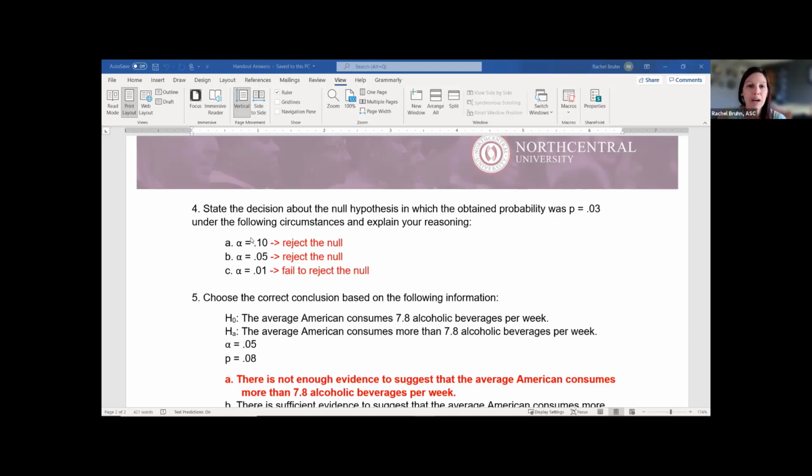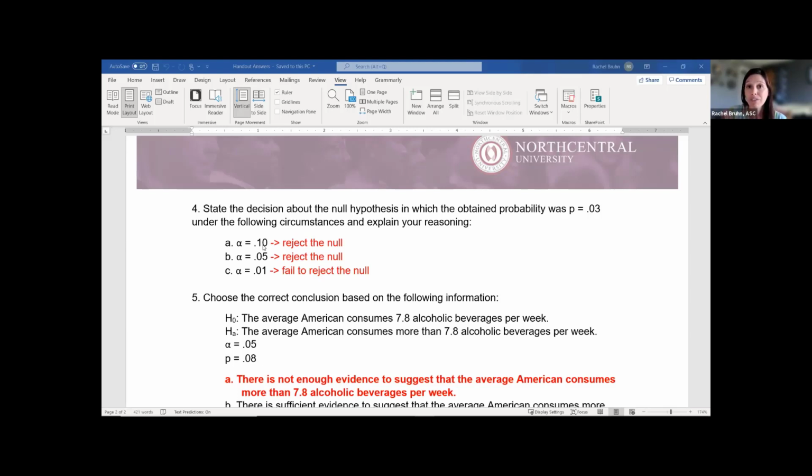So when we're talking about the decision rule, we talk about that p-value being less than the alpha value, indicating significance. Here, my p-value is 0.03, and I compare that to alpha of 0.1. 0.03 is less than 0.1, which means it's significant.